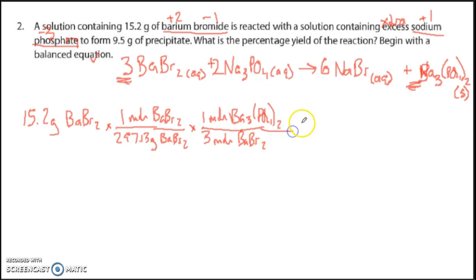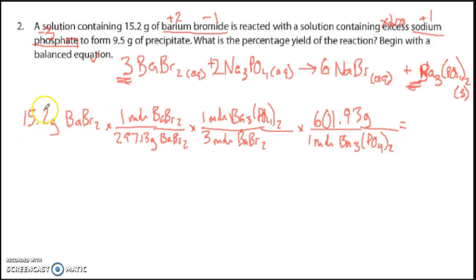And then lastly, I need grams because my percent yield is going to have to deal with this number, and that's in grams. So 1 mole Ba3(PO4)2. That is an even larger molar mass, 601.93 grams. Figure all of that out.